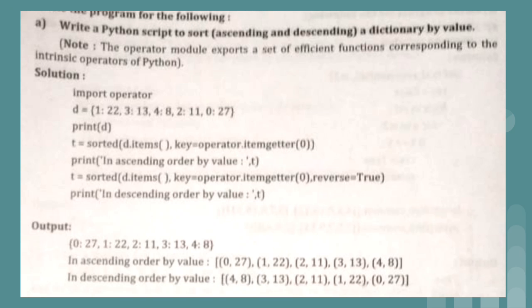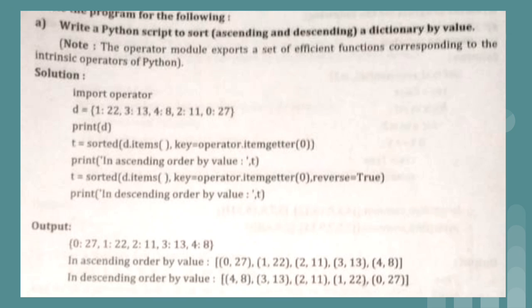Now in the question it is specified that we have to sort the dictionary in ascending as well as in descending manner. So now we have seen how to sort the dictionary in ascending manner. Now I want to sort the same dictionary in descending manner. So what will we do? We will do d equal to sorted. We will have the same two parameters which we used for ascending order. But to sort the dictionary in descending order, we just need to add one more parameter, that is reverse equal to True.